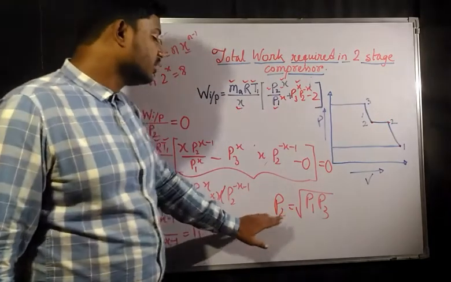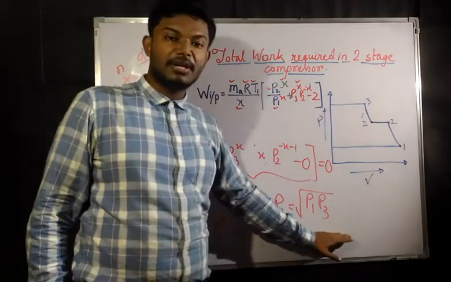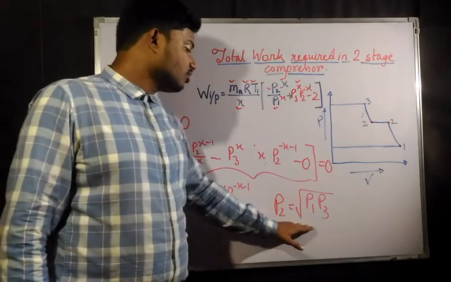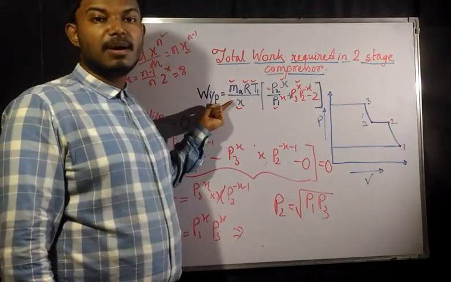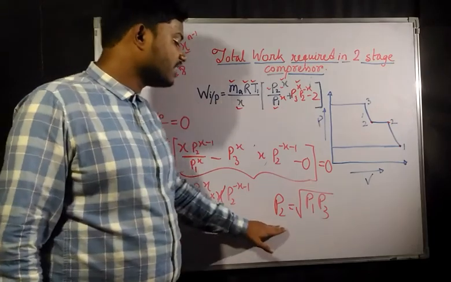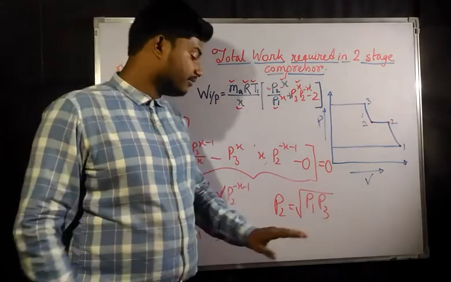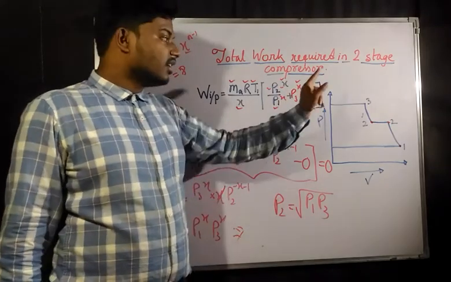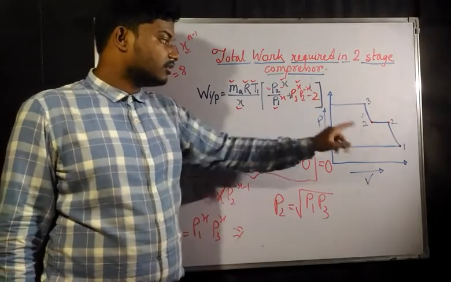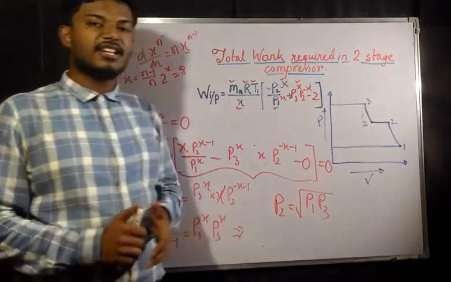If you find p2 like this, it would be easier for you to find the conditions for minimum work input. Take the geometric mean of the initial pressure and the final pressure.